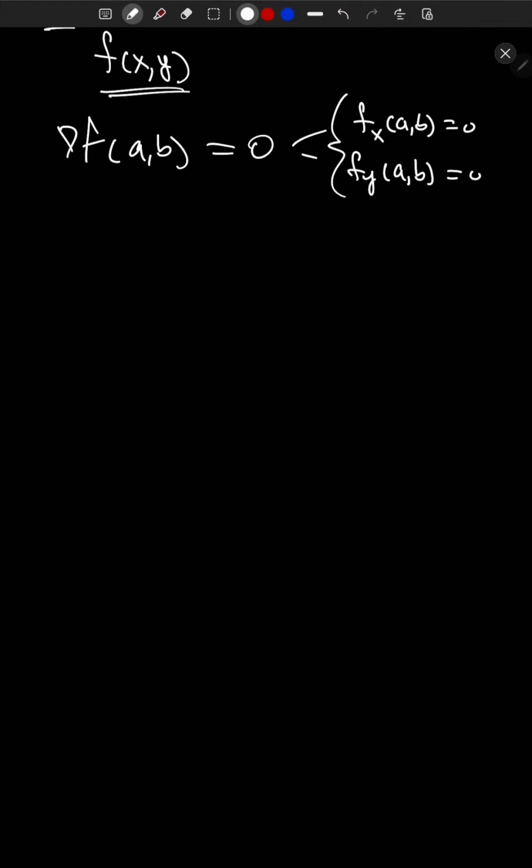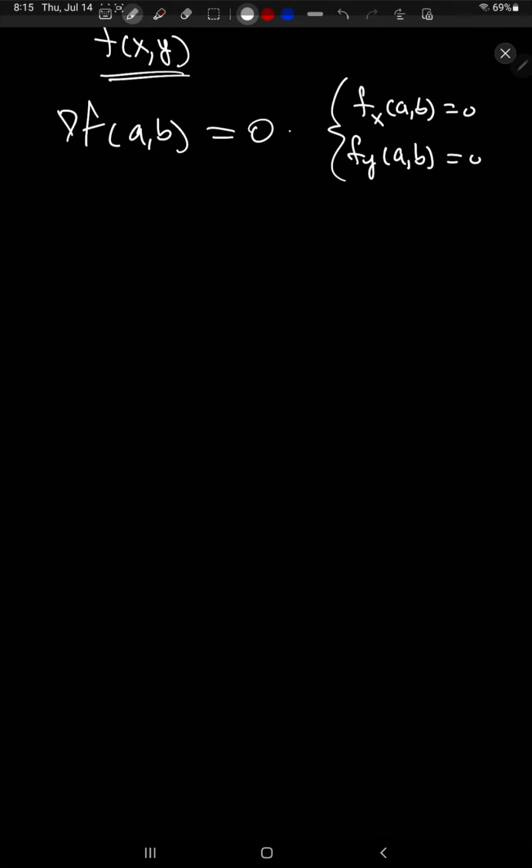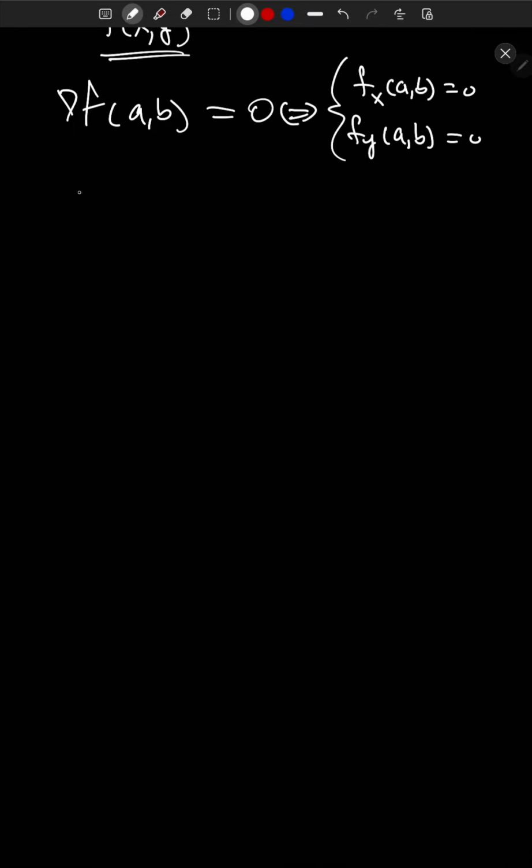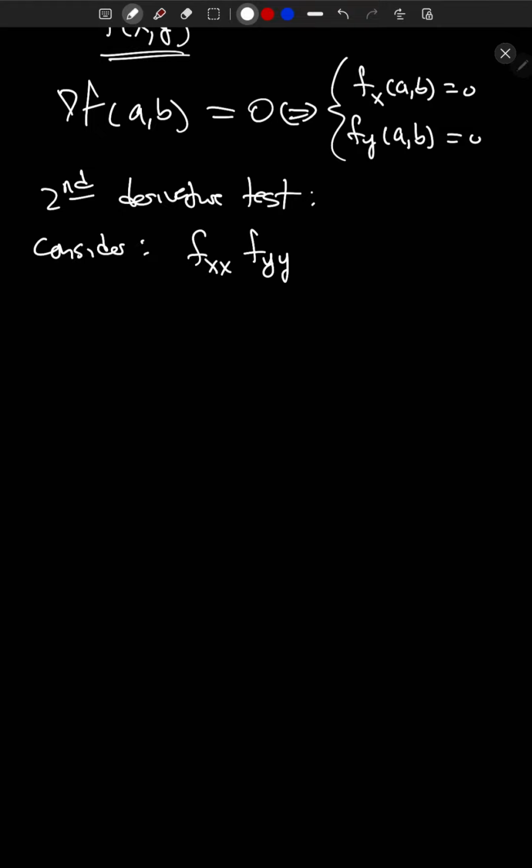Okay, in any case, the second derivative test says that you have to look at the quantity f_xx times f_yy minus f_xy squared, evaluated at (a, b). Everything is evaluated at our point of interest.